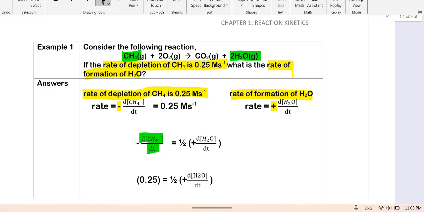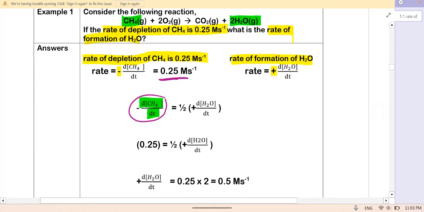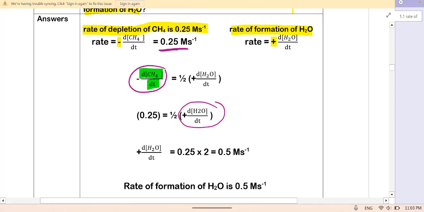Based on the question, given this value 0.25, we only need to calculate the rate of formation of water. So we rearrange, and the rate of formation of water is 0.5 molar per second. So the final answer is 0.5 molar per second.